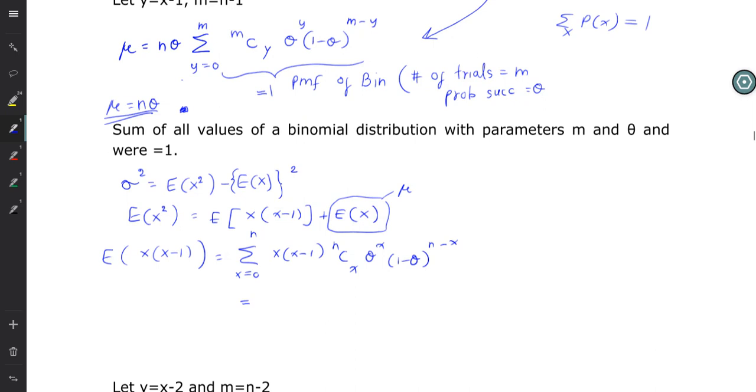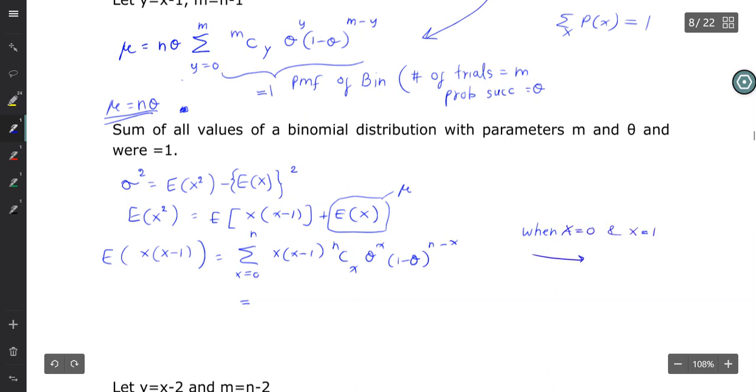When x is 0, this whole expression goes to 0. When x is 1 also, this whole expression goes to 0, because when x is 1, you have 1 minus 1 here. So when x is 0 and x is 1, the whole expression is 0. So you can omit that from the equation.